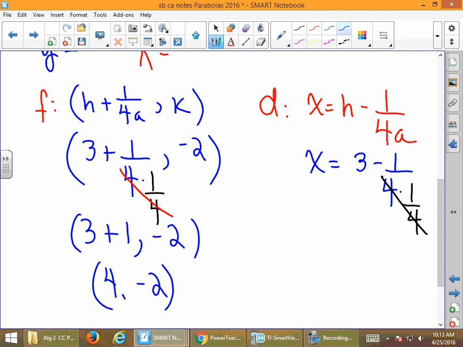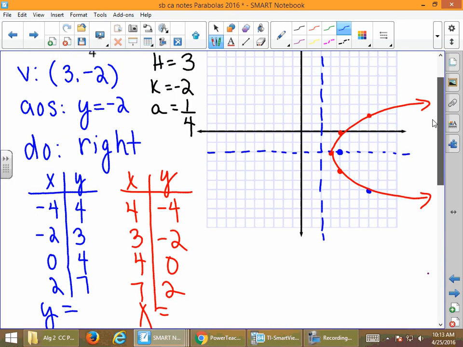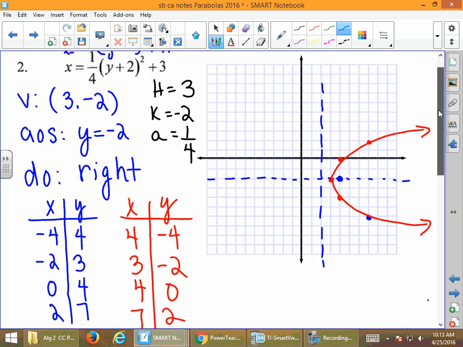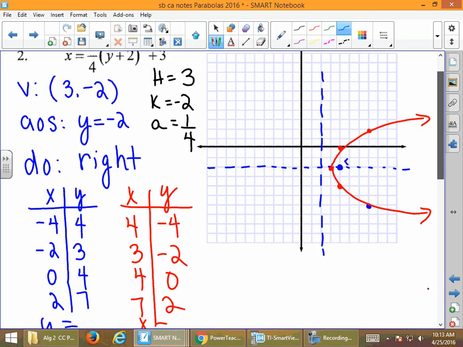So we end up with x equals 3 minus 1, which is x equals 2. And by the way, it doesn't matter to me if you graph the focus or the directrix. But sometimes you don't have to do any work because you can graph the directrix here. So here's the focus, here's our directrix.